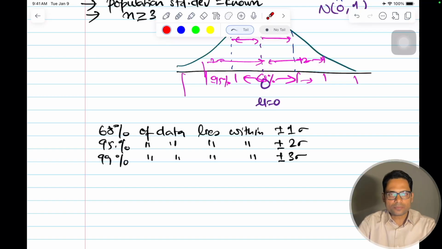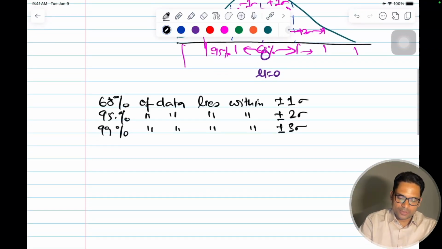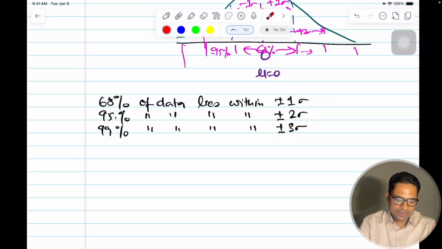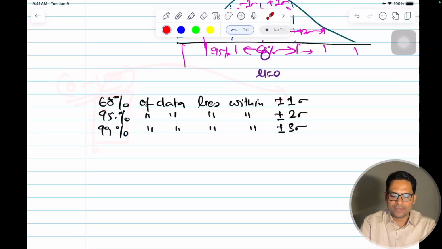And for capturing this, we have something called the z-score. This is 1 standard deviation, 2 standard deviations, like this, and we'll have all the values in between also. This percentage will vary from 0 to 100, and there will be a corresponding value for the standard deviation.